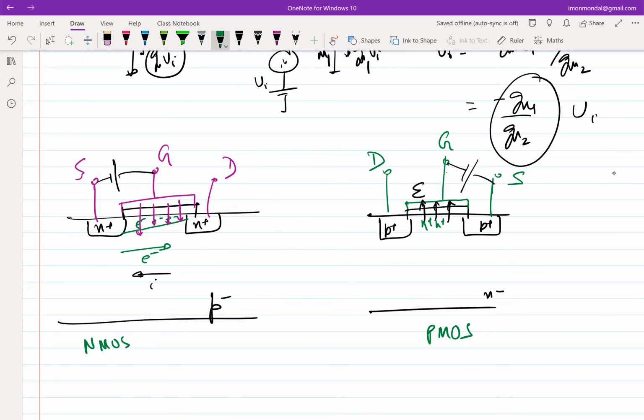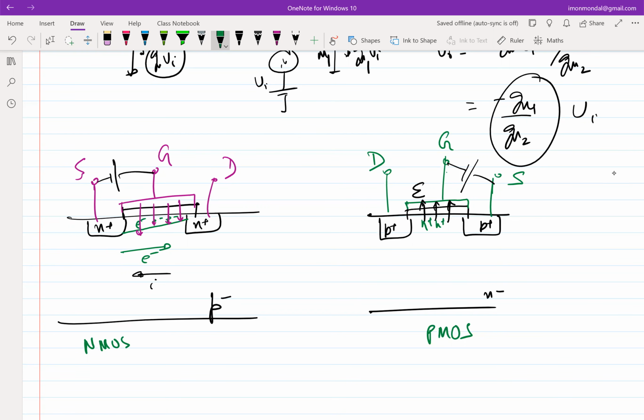In the case of NMOS, the pinch-off was happening at the junction where you had the higher drain voltage, right?